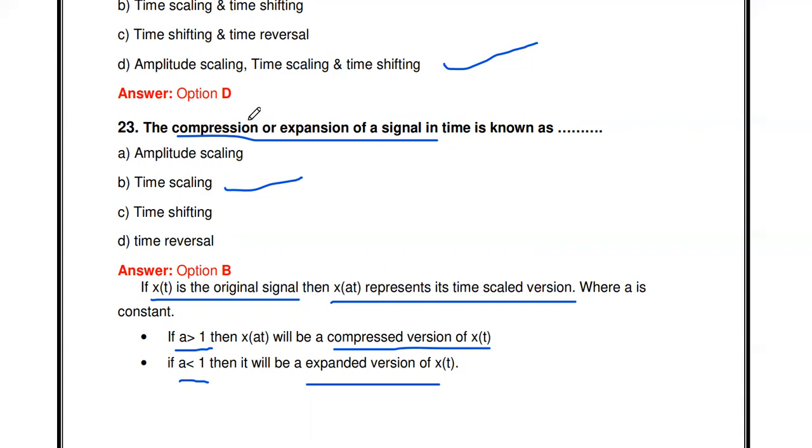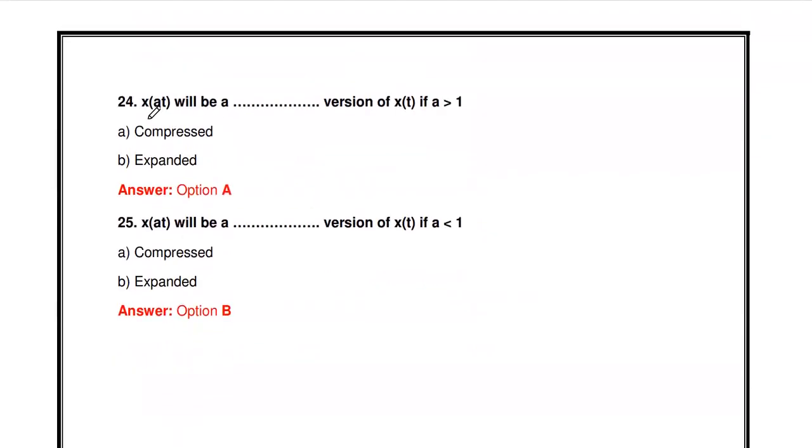If you want to learn more about this, I posted separate videos in the signals and systems playlist. I will give the link in the description box for the particular topic. So the compression and expansion of a signal in time is known as time scaling. And then the next one: x of at will be a dash version of x of t if a is greater than 1.